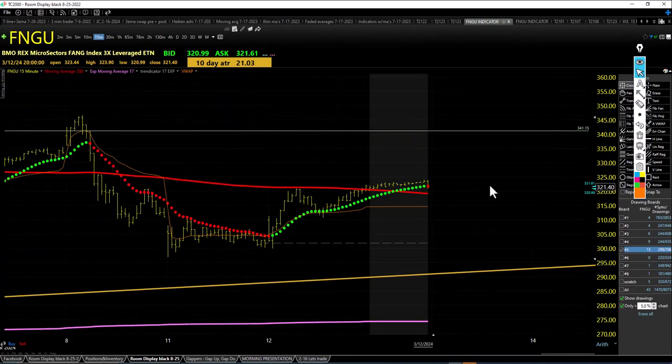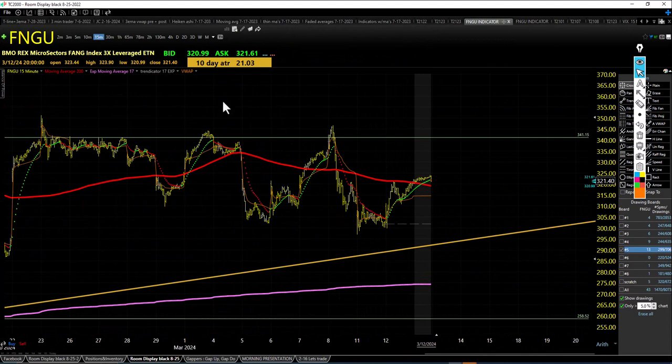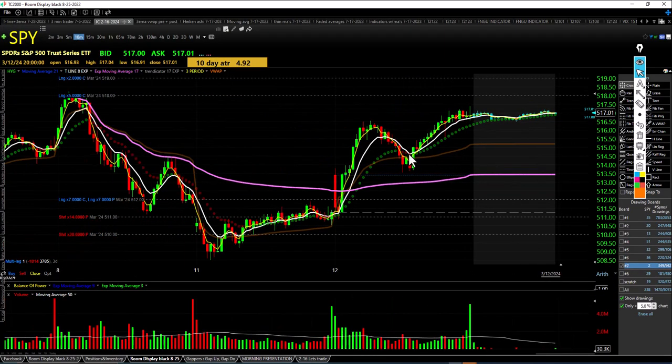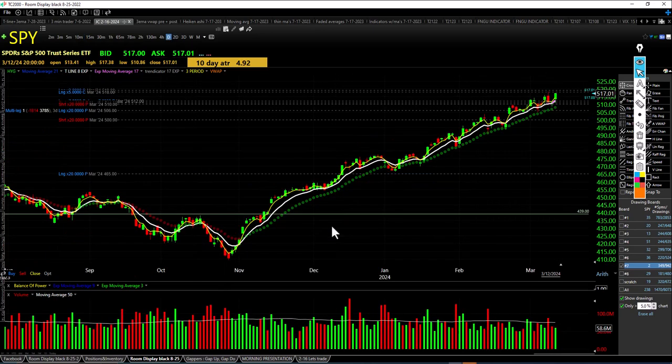So what else does FNGU help me with? Well, it's also in technology. So let's look at the November lows. Let's take a peek here. Here's the SPY. This is the November low right here, and here's the next day.